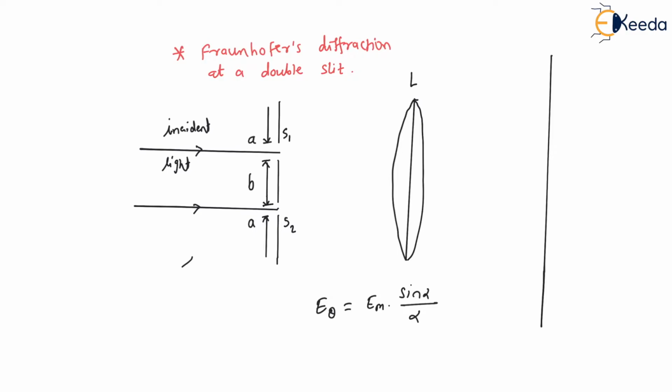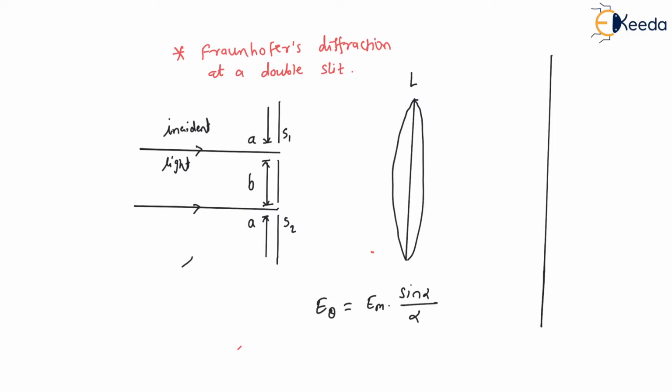Now see, as we have replaced all the secondary wavelets which will start from these two slits by a single light wave, here now we will draw diffracted light. First of all we will mark the central maxima.